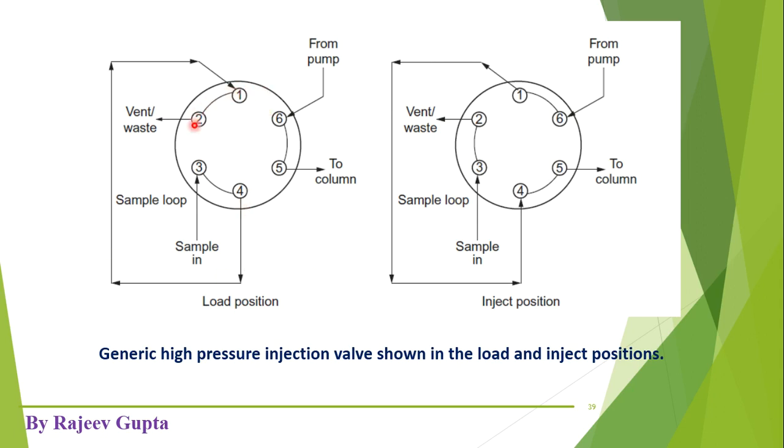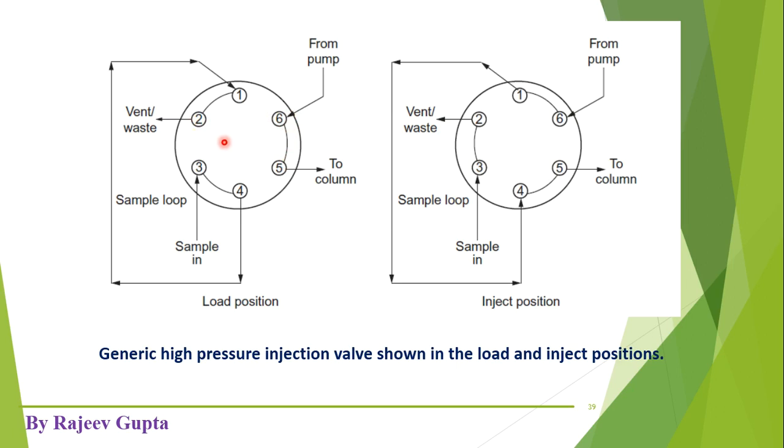So we can observe all the 6 points in this block diagram, where first of all in load position we put our valve like this, that these 5 and 6 number are separated from these 1, 2, 3, 4 points. These 5 and 6 points are different or not associated with these.